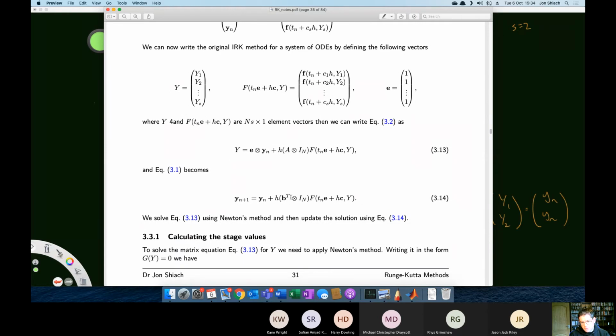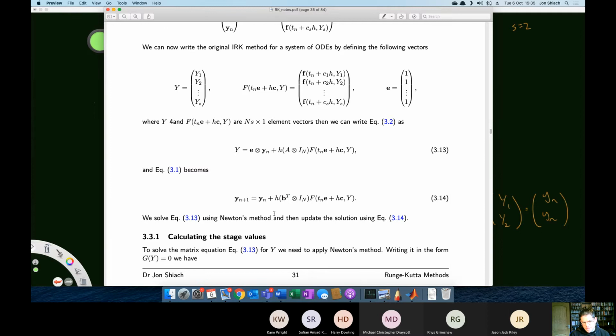This B transpose tensor product with IN is just replacing the summation within the updating of the Runge-Kutta method. So we apply Newton's method to solve for our stage values. Once we've got the stage values, we plug them into this formula, and that updates the solution.